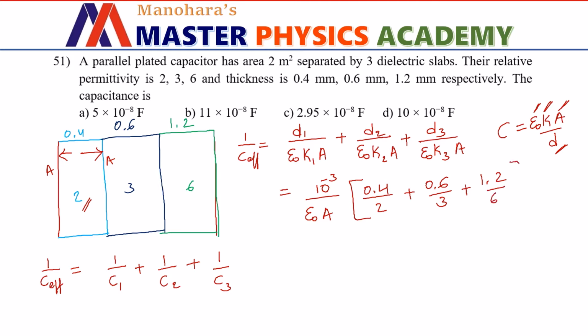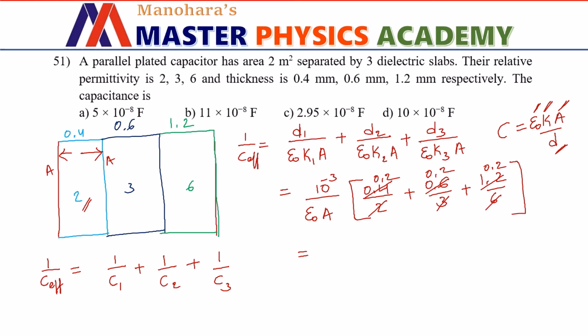Now what is 0.4 divided by 2? It is 0.2. Second term 0.6 divided by 3 is 0.2 again, and for the third term 1.2 divided by 6 is again 0.2. So therefore what we have here is 3 times 0.2 within the bracket.